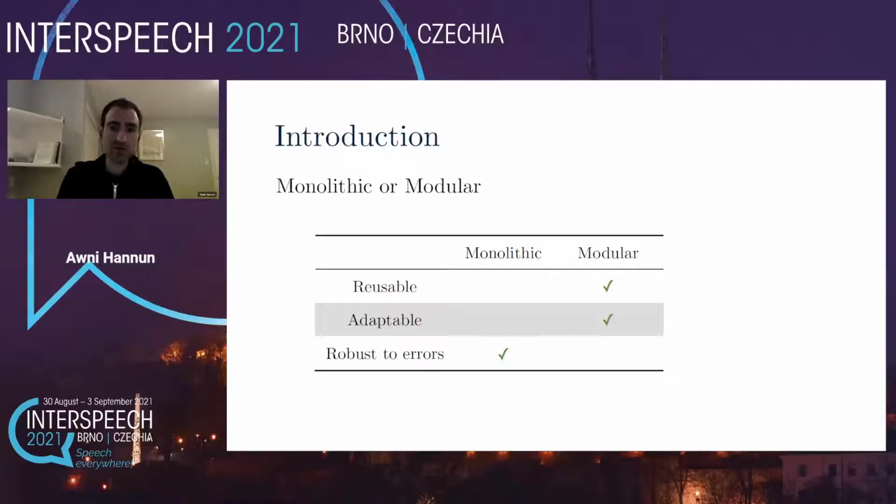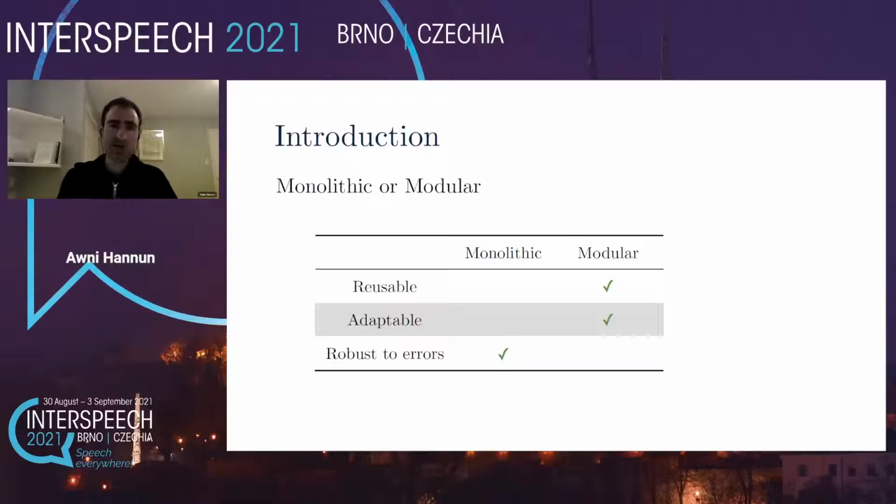You can use a language model in one acoustic context or another without necessarily having to retrain the model. You can also reuse acoustic models in different language contexts without necessarily having to retrain the acoustic model. If the acoustic model is just very good at predicting phonemes from speech, then it can be quite reusable.